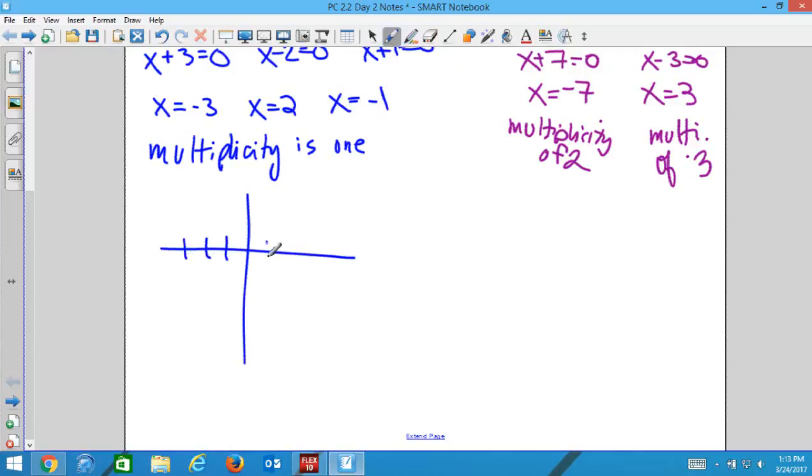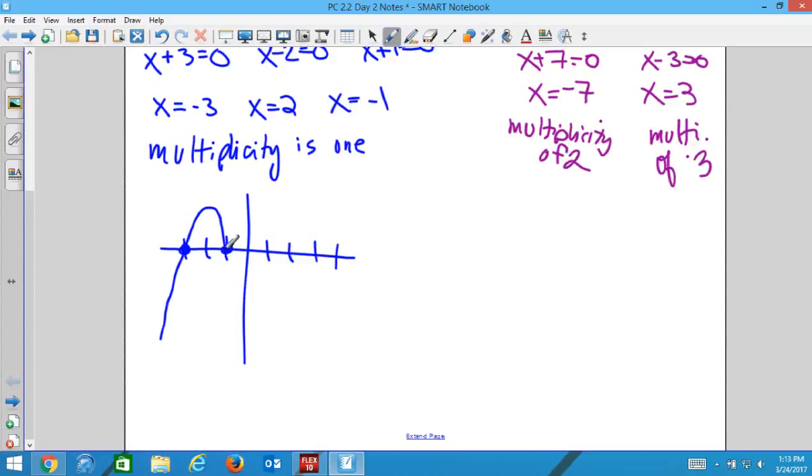So the y values are negative, negative, negative, negative, negative, then what happens when it passes through the x-axis? The y values are positive, positive, positive. And then it comes back around at some point, there's a turning point. And it goes back down and it passes through at 1. So the entire time that it is between negative 3 and negative 1, the y values are positive.